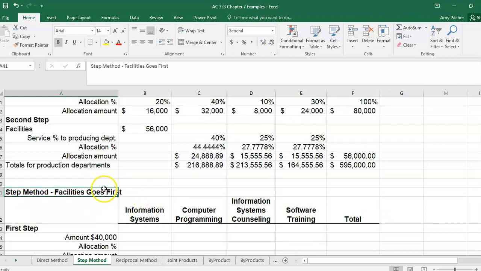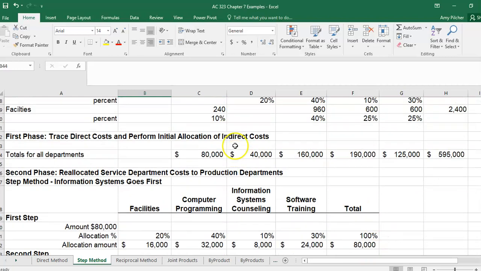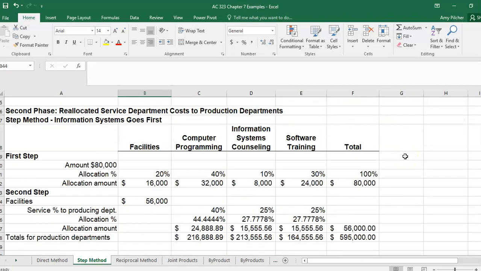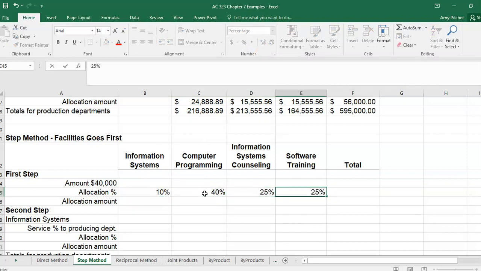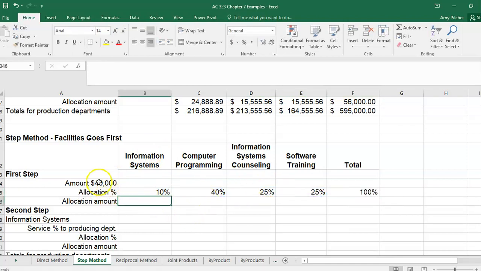Now we're going to look at the allocations if the facilities department goes first. So before we did the information systems department, and now we're going to do facilities first. So we take our percentage usage, 10%, 40%, 25%, and 25%. And we're allocating 40,000 in costs.